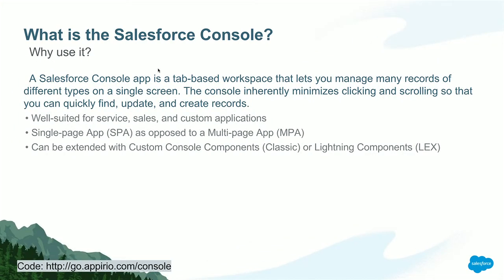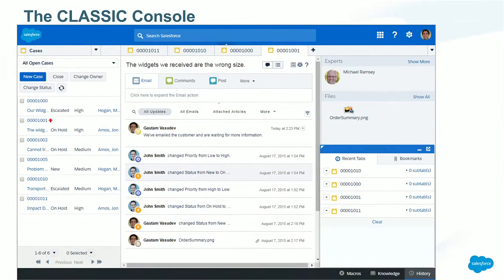There are also ways of extending and customizing the console. Like with most things in Salesforce, you can both configure and code your way through customization. You can configure both in Classic and code using what's called the Console Integration Toolkit in the Classic console. And you can do the same with slightly different tools in the new Lightning Console apps.